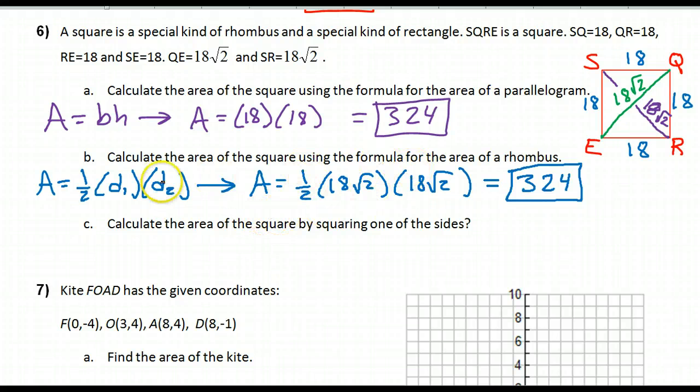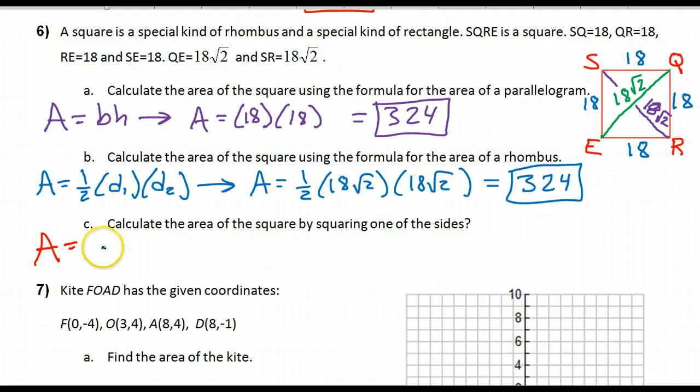Okay, but that's another way to calculate the area of a square. There's a third way to calculate the area of a square. Did anybody think of it? Well, writing base times height, 18 times 18, is a little bit redundant because for a square, the base and height are always going to be the same thing.